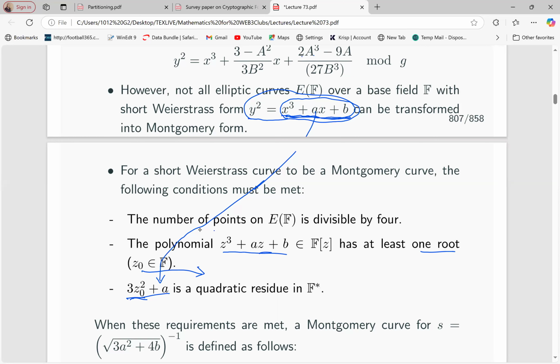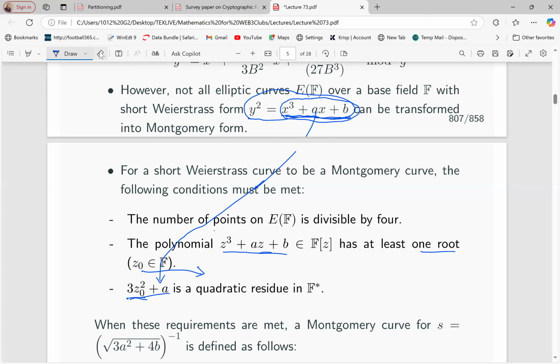And then add 1, add A. Can you get the square root? Does the square root exist? If the square root exists, then the 3 conditions have been met. So if those 3 conditions have been satisfied, then we say that the Weierstrass form can be converted to Montgomery.